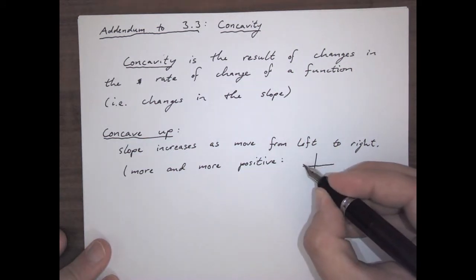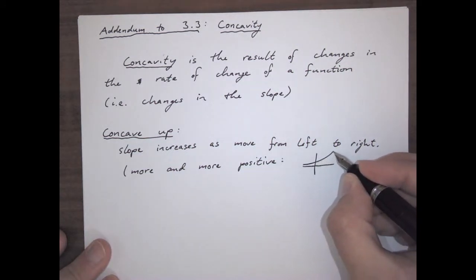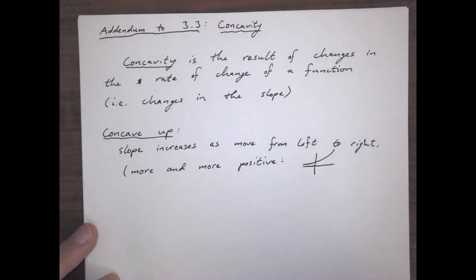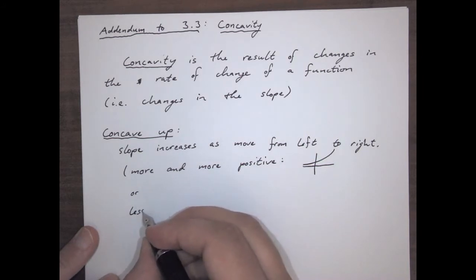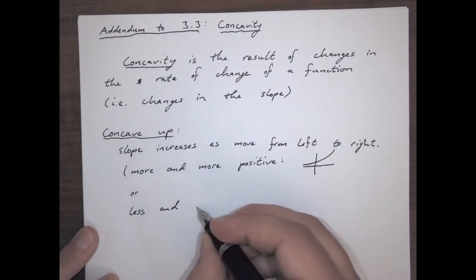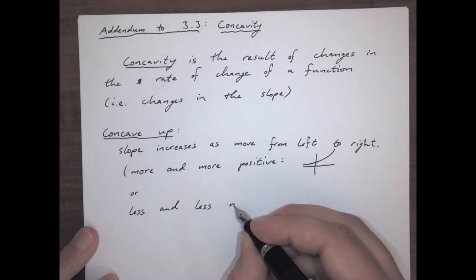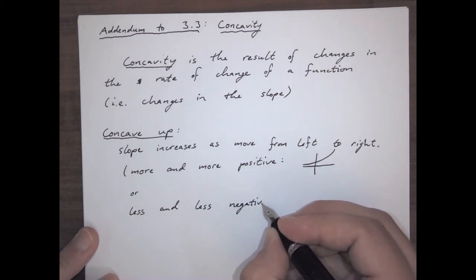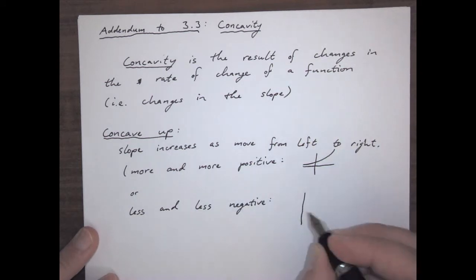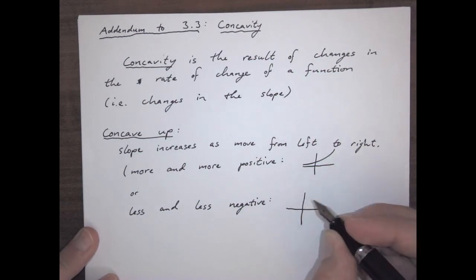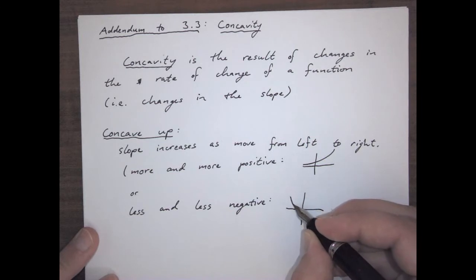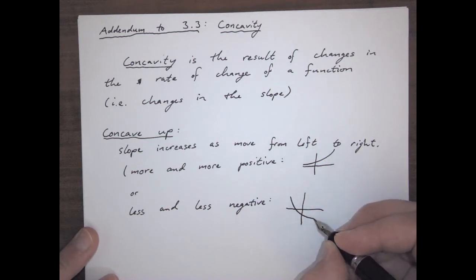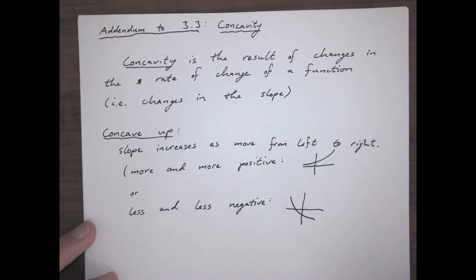So it's got an upward slope and an upward slope and a steeper and steeper upward slope, or less and less negative. Which means that it is going down, but it's tapering. It's getting a little bit more level.